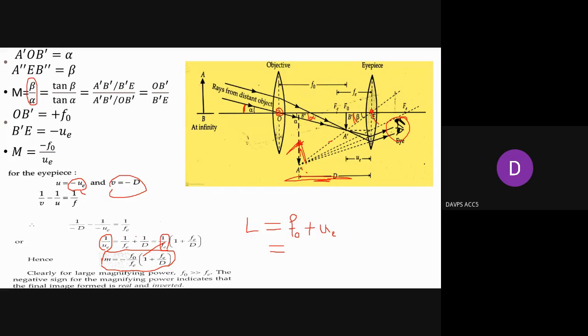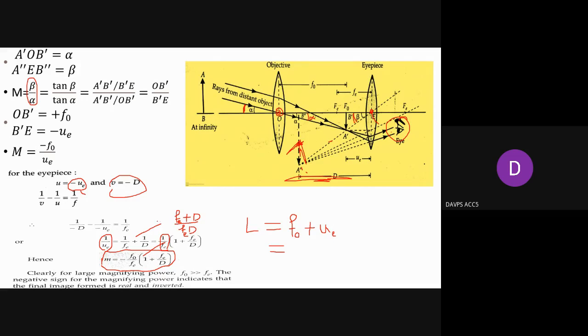If you just calculate it here, you can get the LCM, which is fe into D, and here you get fe plus D. That is 1 by ue.